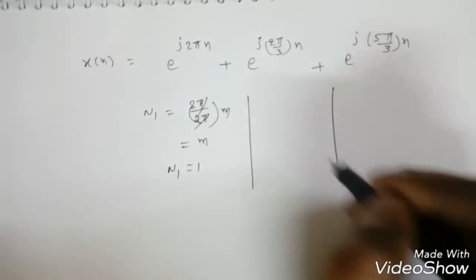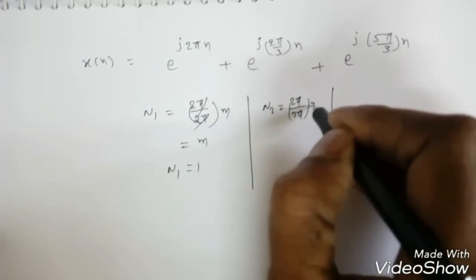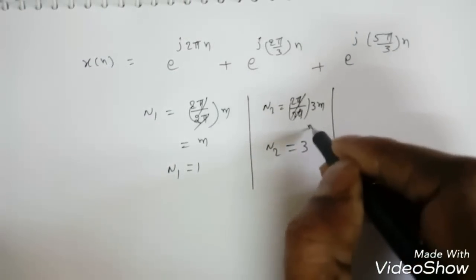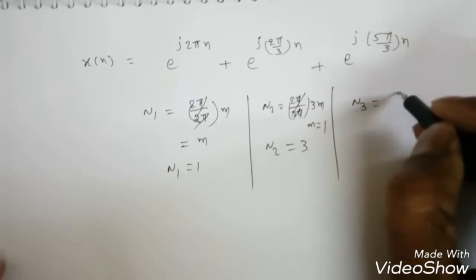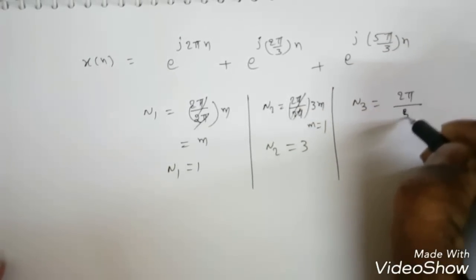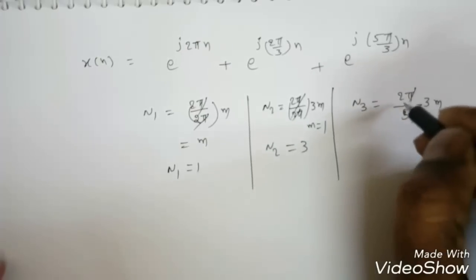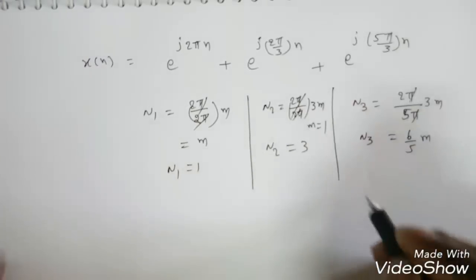Next N2, similarly 2 pi by 2 pi by 3, that means 3m, so 2 pi cancel, you will get 3, and the smallest integer is m equal to 1. Similarly N3 is equal to 2 pi by 5 pi by 3, so it will become 3m, so pi cancel, it is 6 by 5 m, this is N3.